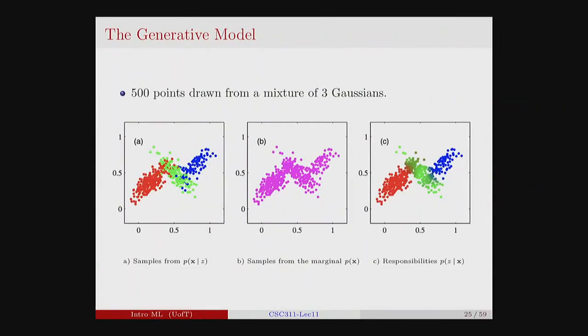So if I gave you this data set, and for any given point, I can ask which of the 3 components did it come from. Because I have a mean and a covariance for this cluster, I have a mean and a covariance for this cluster, and I have a mean and a covariance for this cluster, I can evaluate what P of z given x looks like for each of those 3 components.